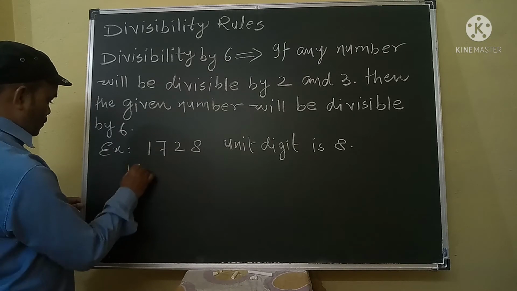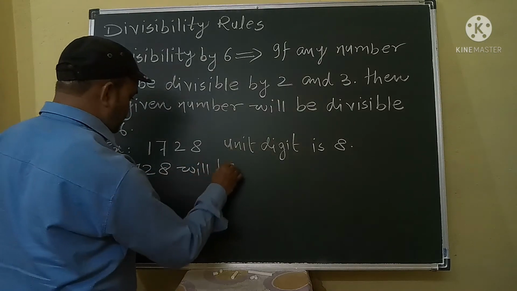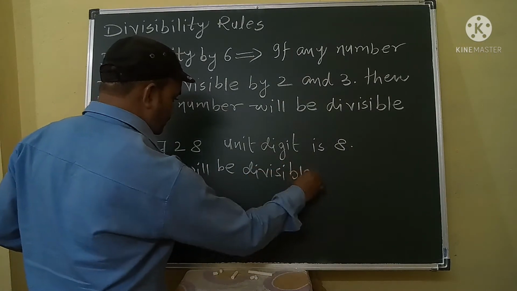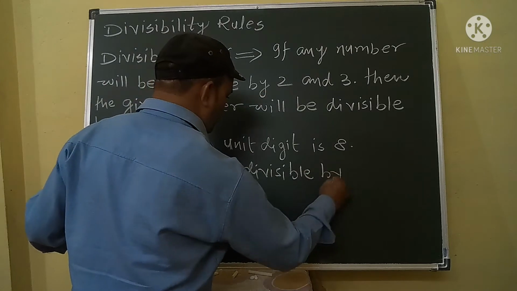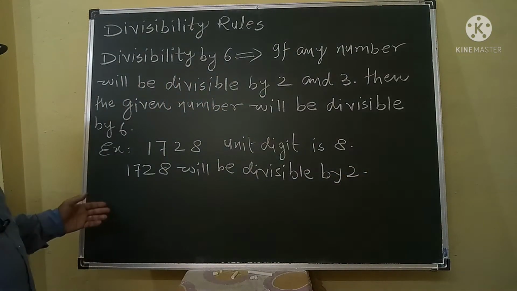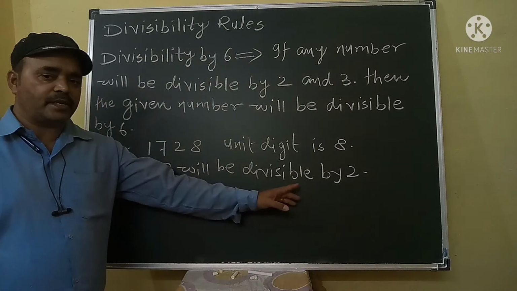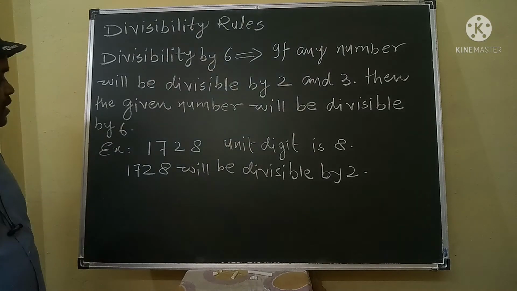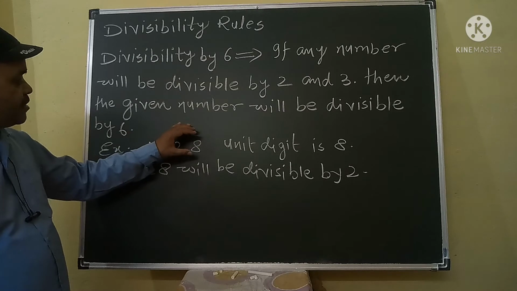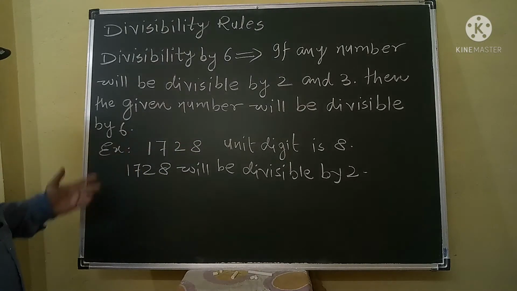Therefore 1728 will be divisible by 2. Okay. Now we will check whether 1728 will be divisible by 3 or not.